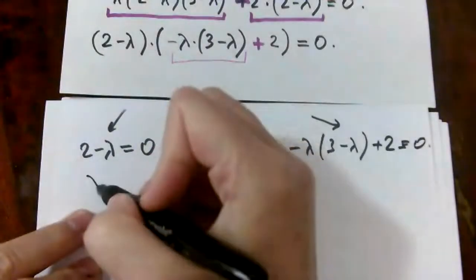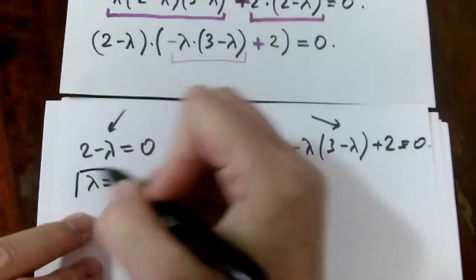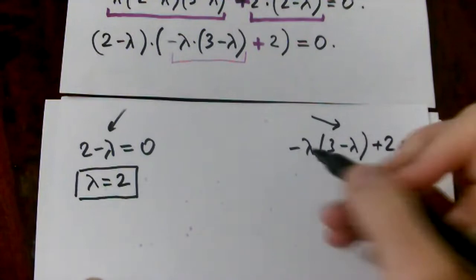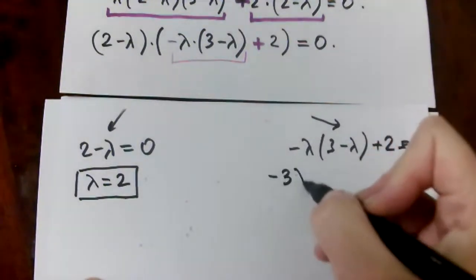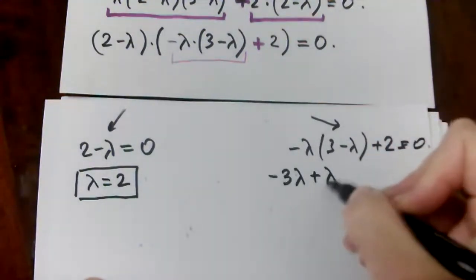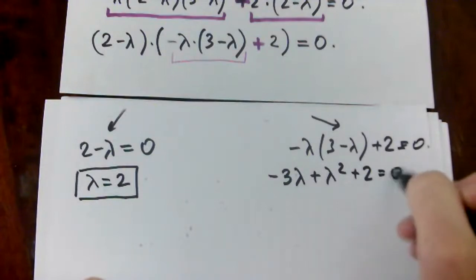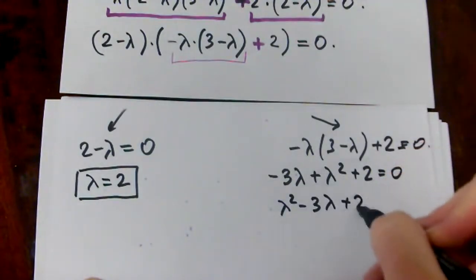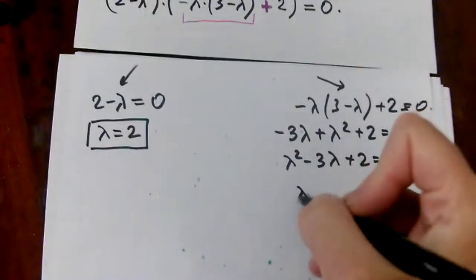So now the first case will give us lambda is equal to 0, so this is our first eigenvalue already. And as for this equation, it needs some clearing up, but it's very easy. Minus 3 lambda plus lambda squared plus 2 is equal to 0. Now I'd better rearrange these terms, and we have a quadratic equation now. Of course, everyone knows how to solve it.